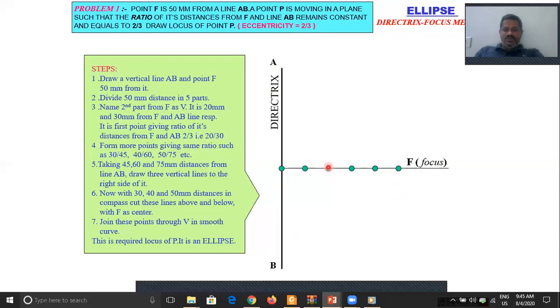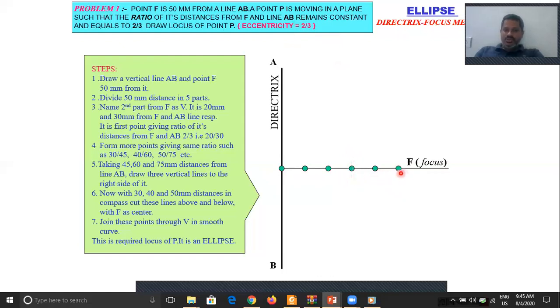Okay, so now dividing this into 5 equal segments, the eccentricity is 2/3. That means the numerator value is 2 here. So of the total 5 divisions, from the focal point, move 2 divisions to reach the second point.